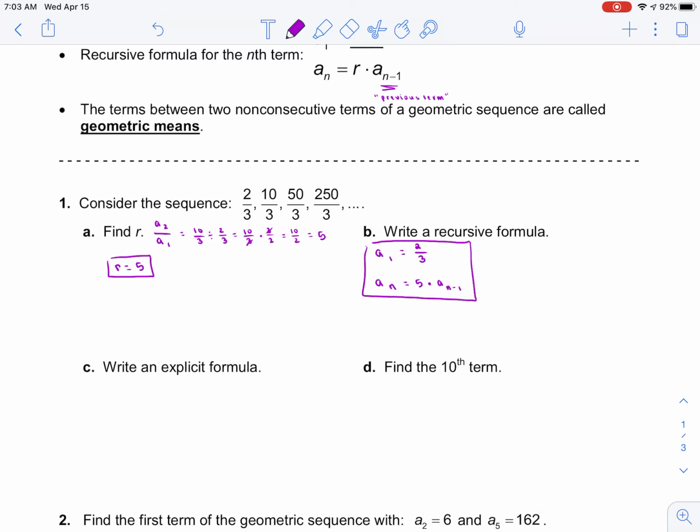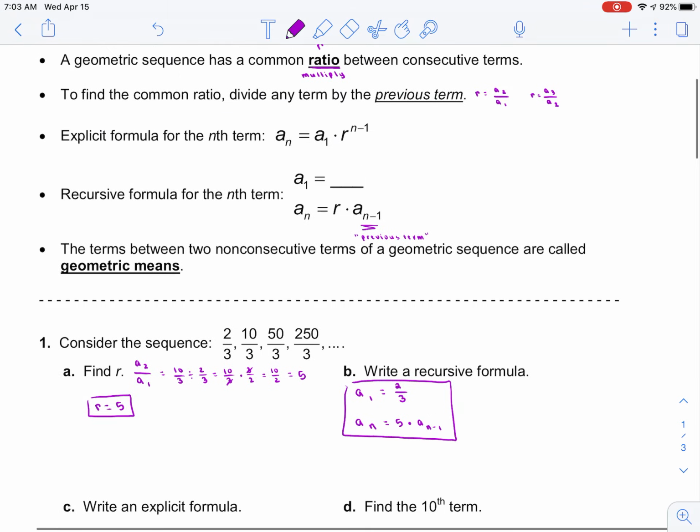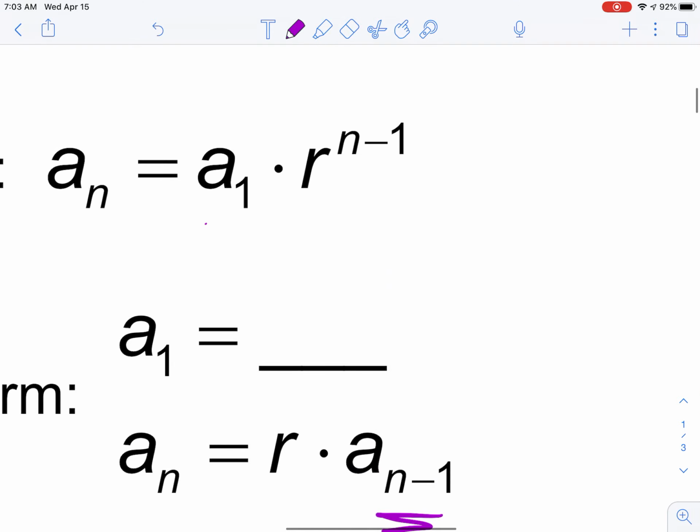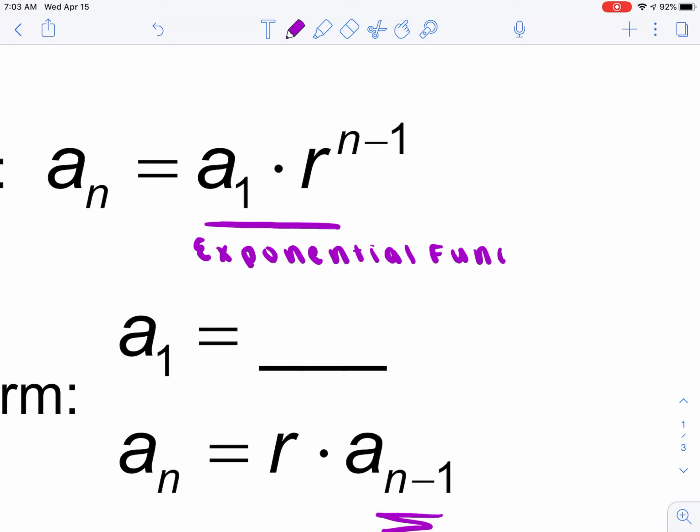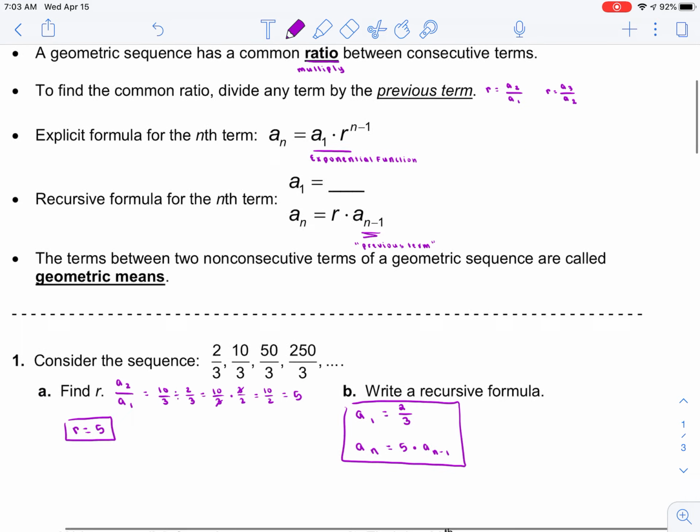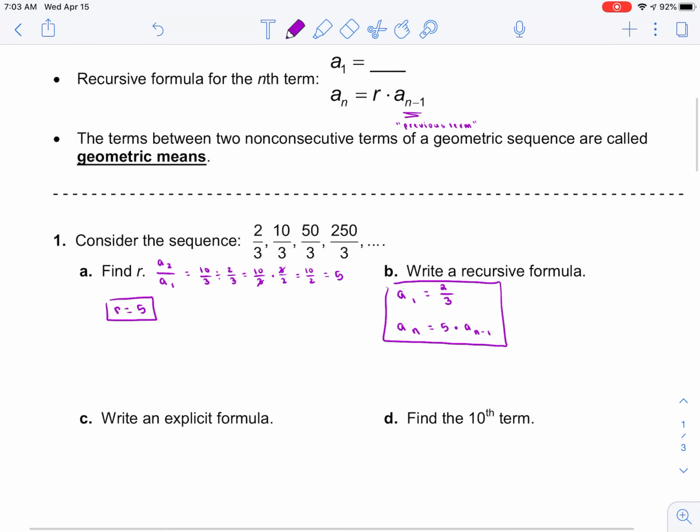Now for part C, you guys are going to love this. If it says write an explicit formula, I want you to note that the explicit formula here is actually just writing an exponential function. And it makes sense, right? Think about an exponential function. You're multiplying by that base number however many times. What you're seeing here is that we keep multiplying by 5.